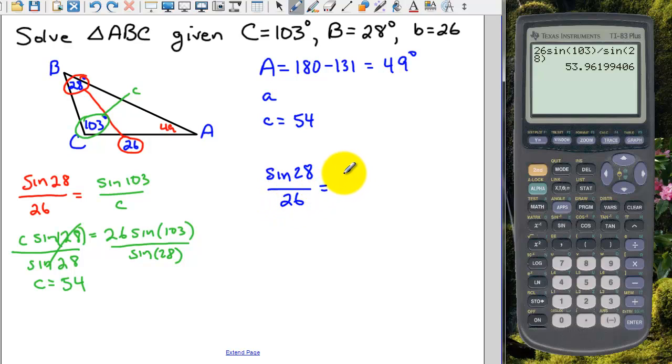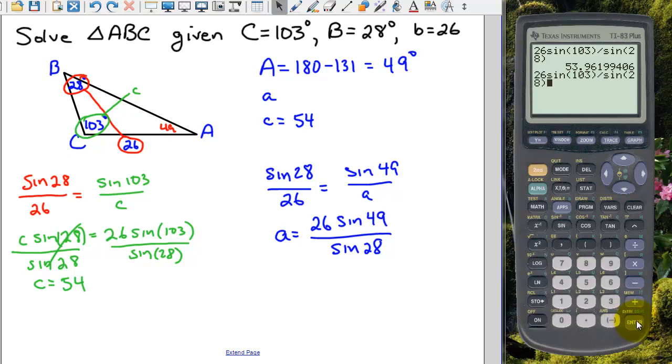Now we need sine of angle A over side A, and we're going to cross multiply again, and then I'm going to have to divide by the sine of 28, so I get 26 times the sine of 49 divided by the sine of 28, and we can calculate again. Let's bring up that previous entry, and we can replace the 103 with 49.